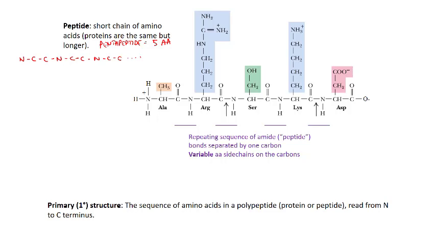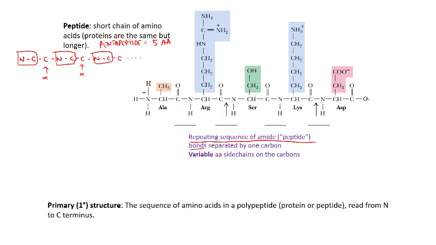So the nitrogen to carbon part is going to be our peptide bonds. So you can think of a peptide as a repeating sequence of peptide bonds with one carbon group in between them. Those one carbon groups in between them are our alpha carbons.